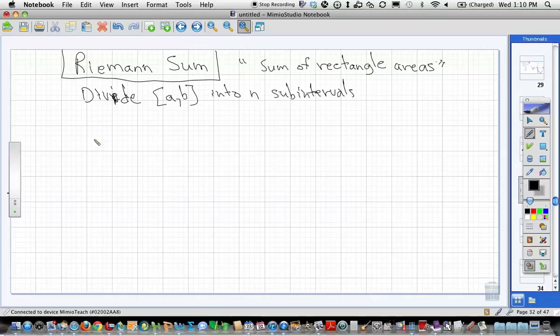And so since we'll need that, we're going to start with our first one being x sub 0, which will be less than x1, which will be less than x2, which will be less than x sub n minus 1, which will be less than x sub n. Now, x sub n is the b, the far end, and x sub 0 is the a, the left end.